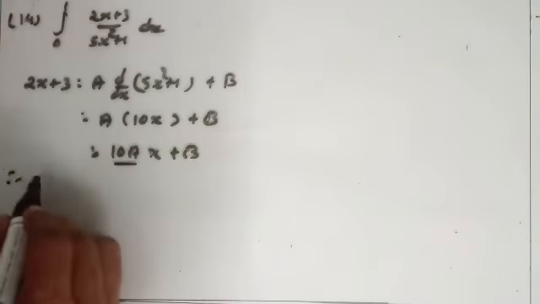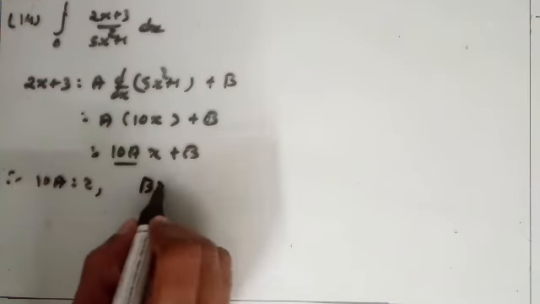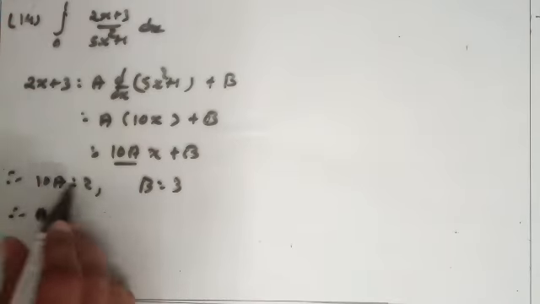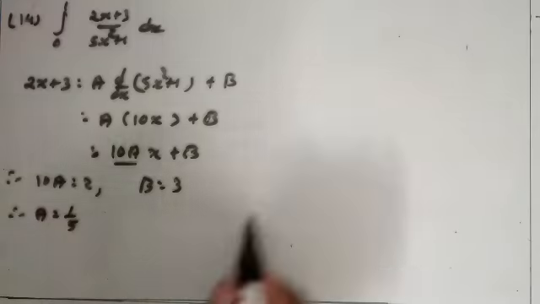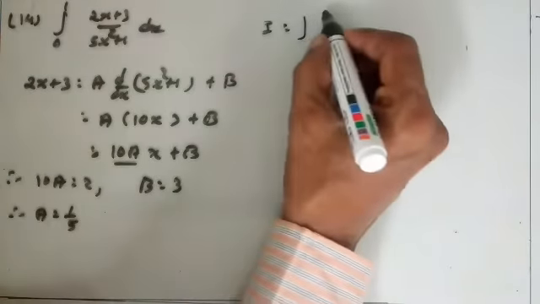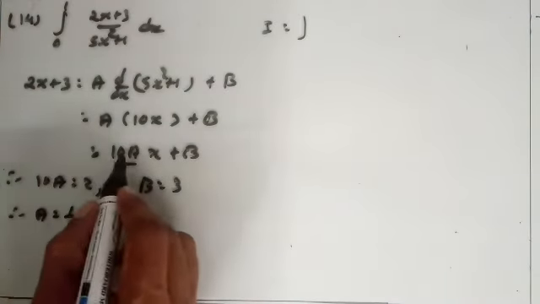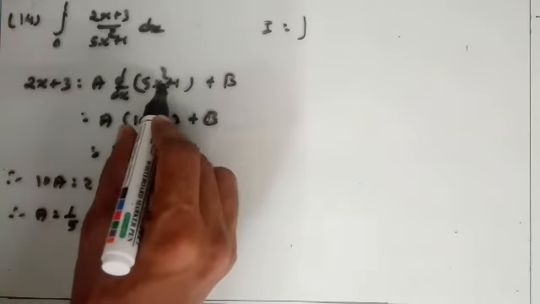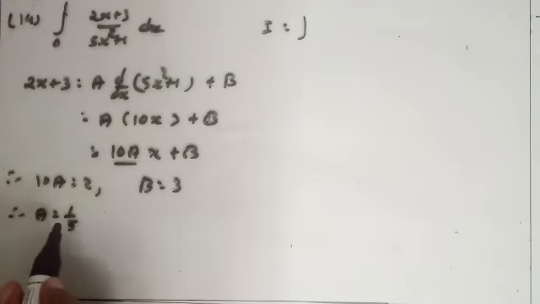10a is equal to 2 and b is equal to 3. Therefore the value of a is 2 upon 10, that is 1 upon 5, and b is equal to 3. So the integration becomes: in place of 2x + 3, write a times d/dx of (5x² + 1) plus b, by replacing the values of a and b.